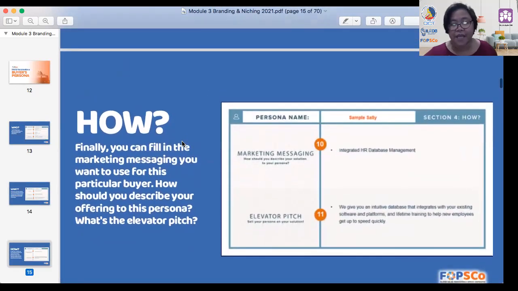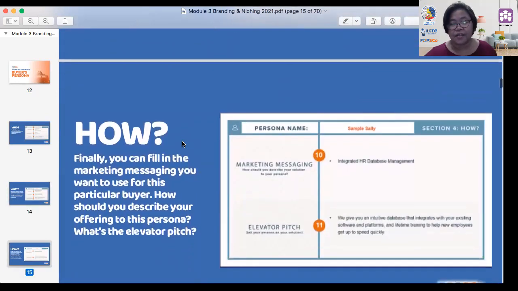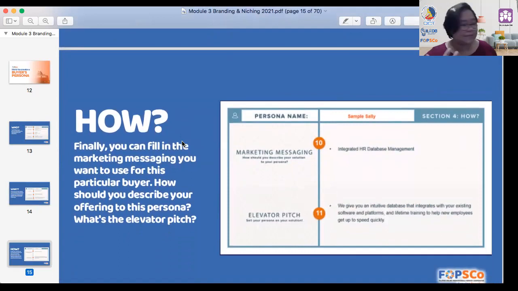Okay, I've somehow put there what can we do, so medyo what pa rin yun, pero na-identify na what can be done. And then finally, you can fill in the marketing messaging you want to use for this particular buyer. So identify mo na what can you do for her.